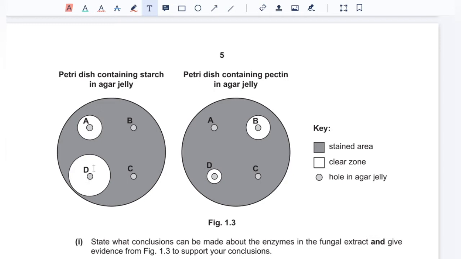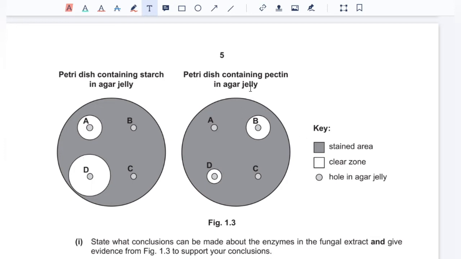As the clear zone around D is greater, this means that the amount of amylase enzyme in the fungal extract is greater than the amount of enzyme in A. So the amount of enzyme in fungal extract is greater than 1%, which is why it produces a larger area by digesting more of the starch.